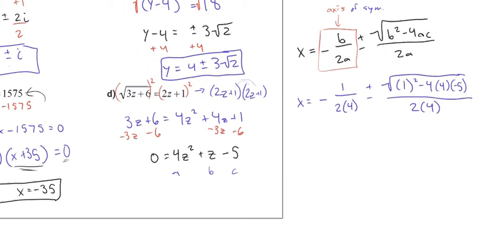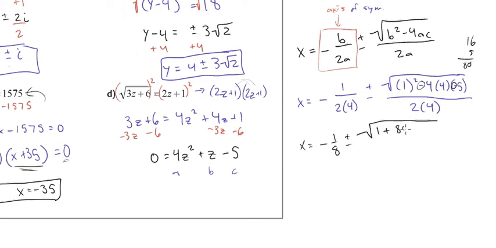Cleaning that up and simplifying that out, we have x is equal to negative 1/8 plus or minus the square root of 1 minus, or really plus, because we got a negative and a negative, so multiply those together, we get a positive. So plus 4 times 4, that's 16, and 16 times 5 gives us 80.